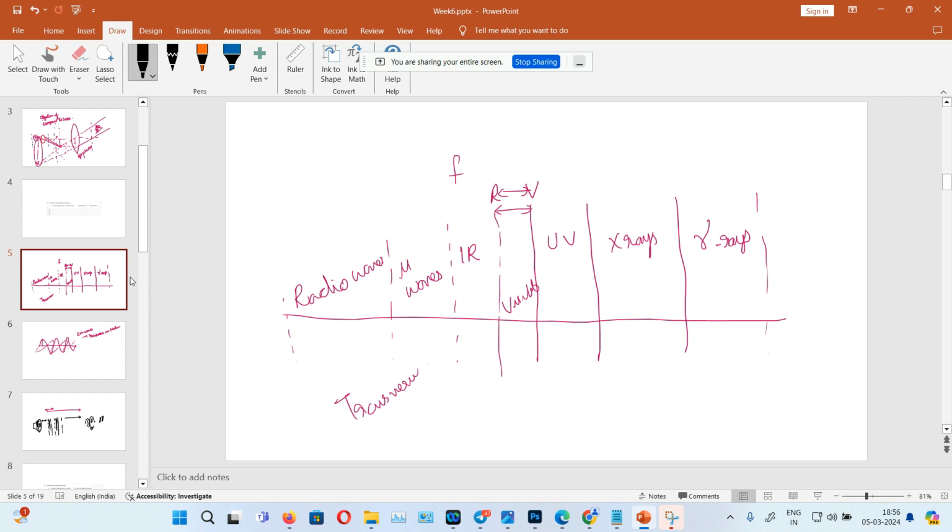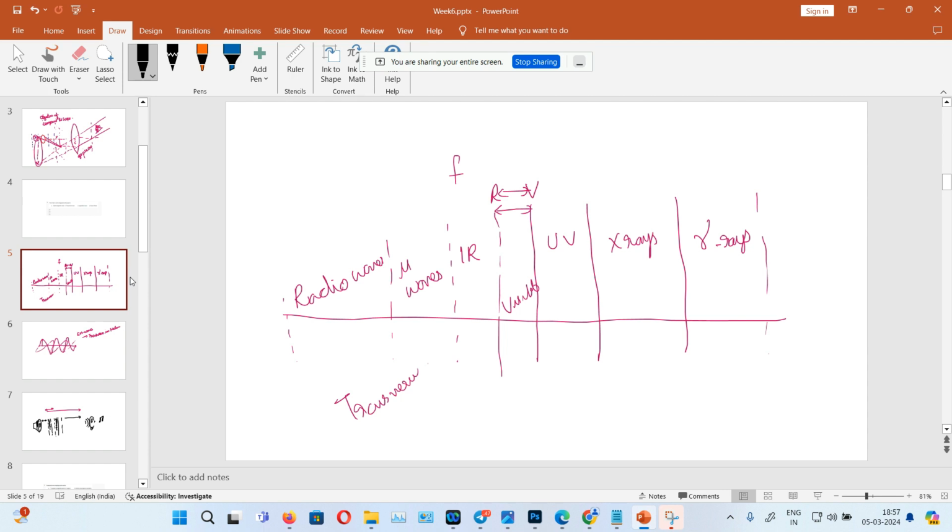There is a big electromagnetic spectrum available, but what we can interact with in the form of a visual effect is only light, and light has a small span of 400 nanometer to 700 nanometer wavelength. Only that much of the electromagnetic waves our eye can detect, and that is our window of visualization.